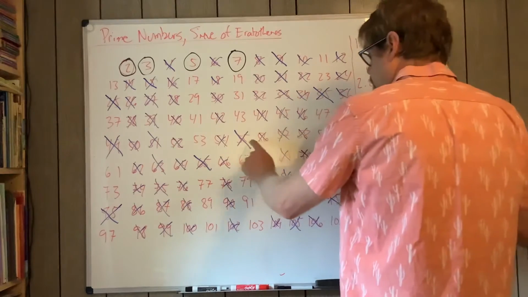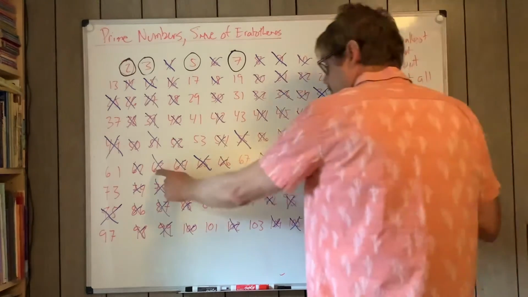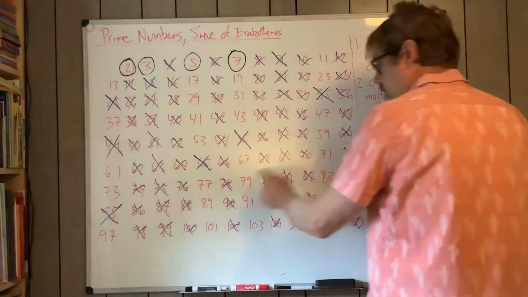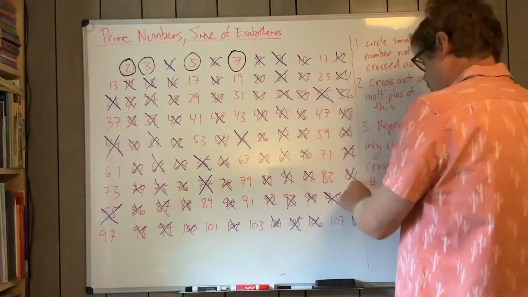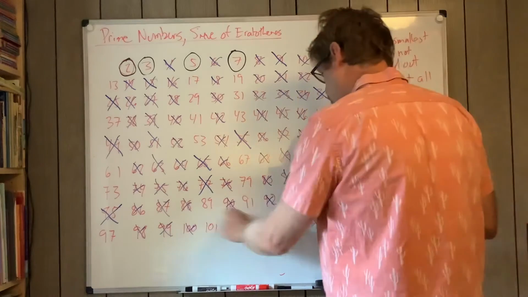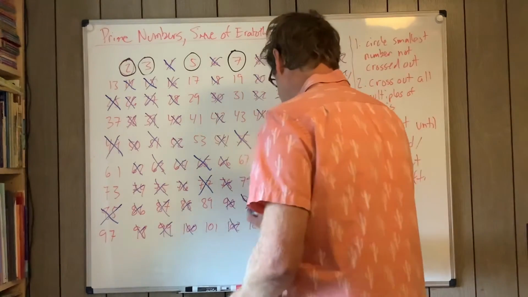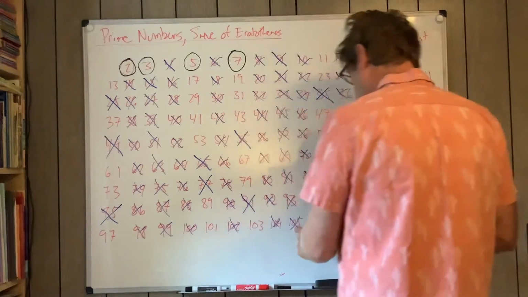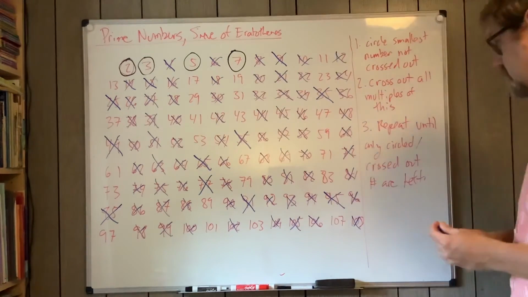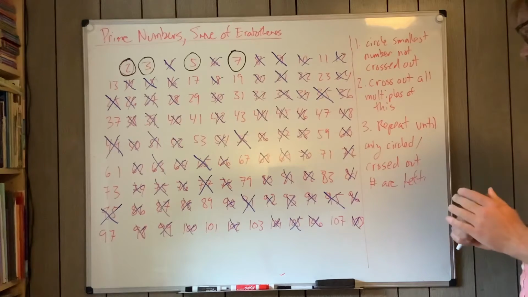So skip count: 56, 63, 70, 77 is gone. 84 is next. 91 should be after that. 98, 105. Okay, so we've got that.